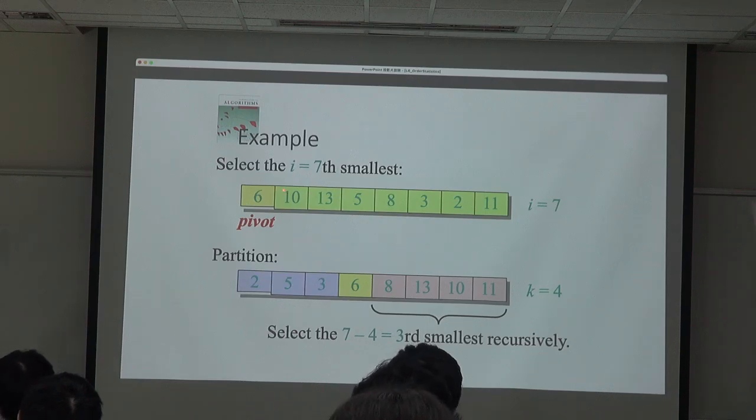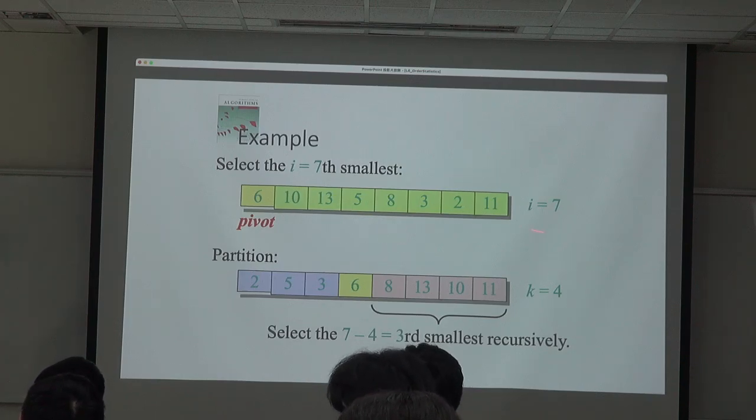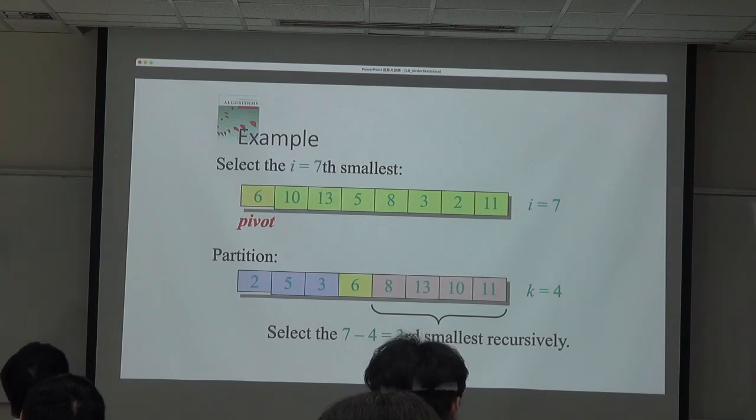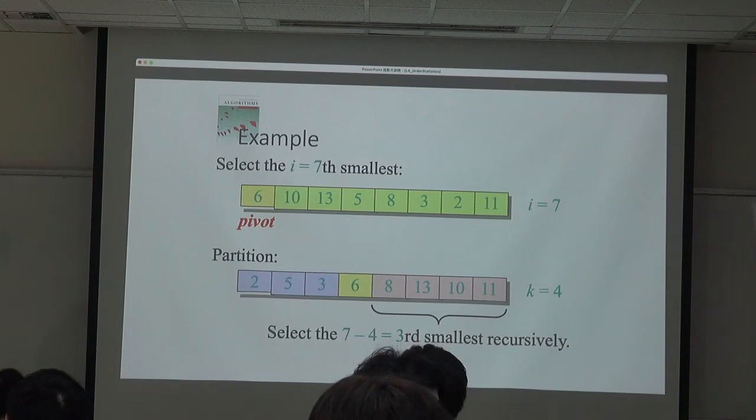We are trying to find the 7th smallest number from this, and assume the first number is the pivot. Obviously you need to randomize it, but let's just assume after the randomization, we use the 6 as a pivot.